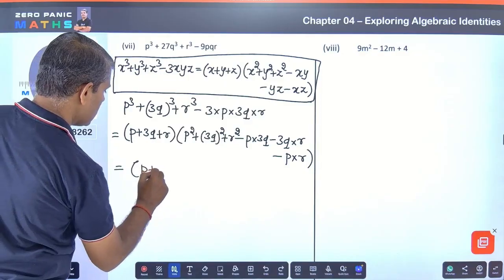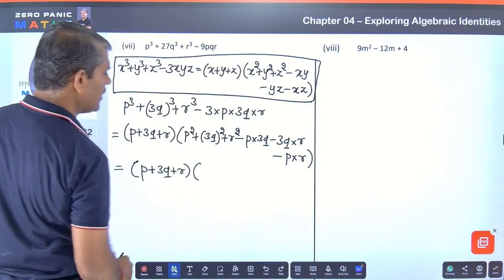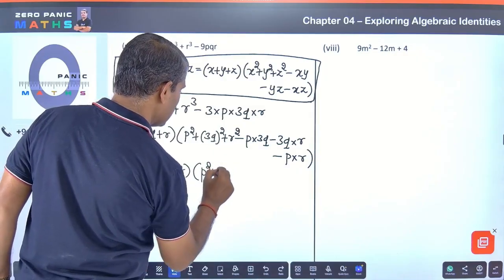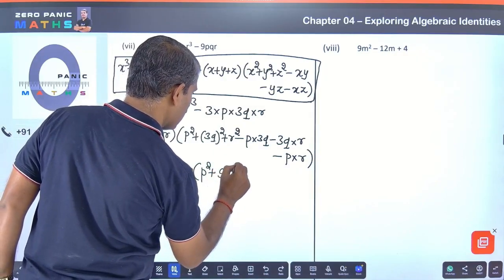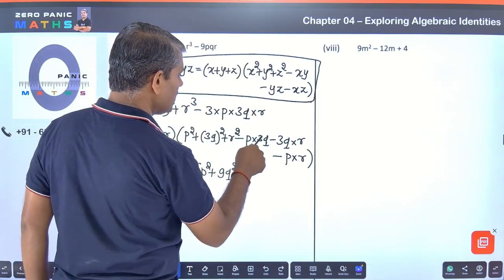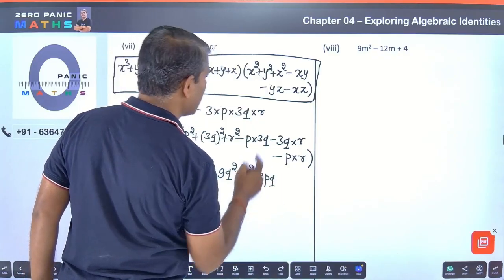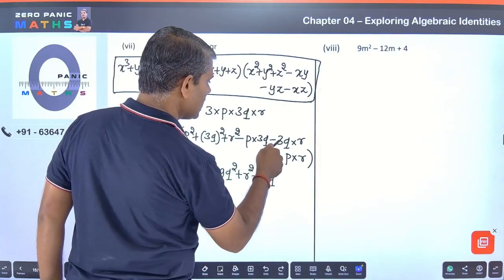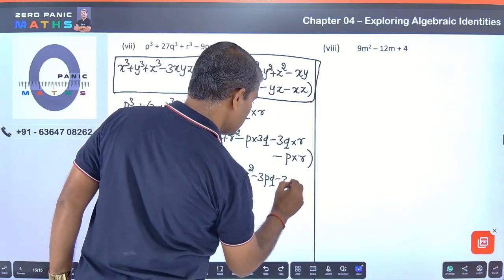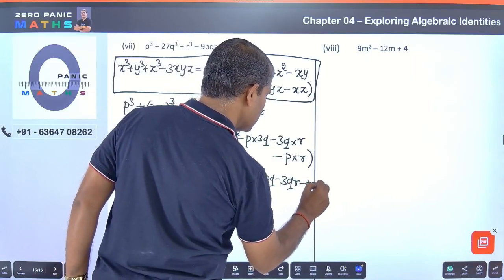It is p plus 3q plus r in one bracket, and in another bracket it is p square plus 9q square plus r square minus 3pq as xy, and minus 3qr as yz, minus pr as xz.